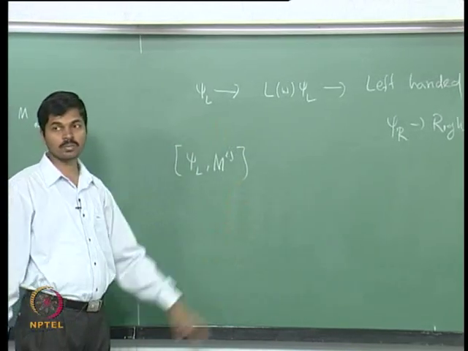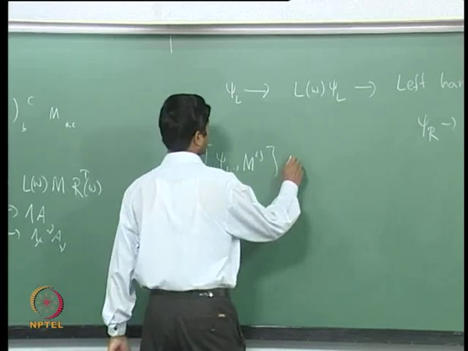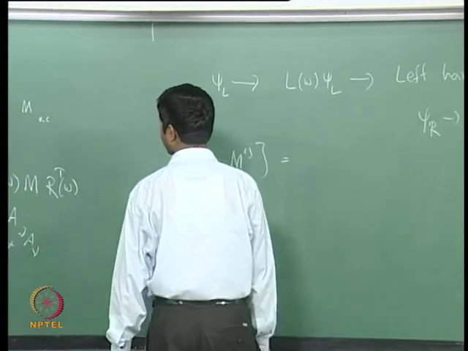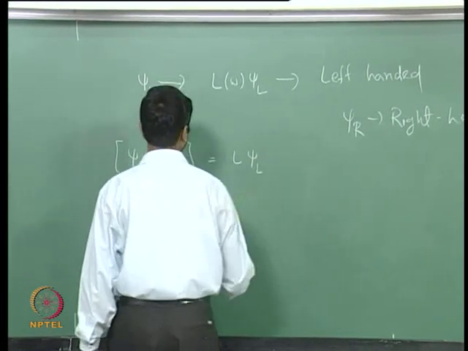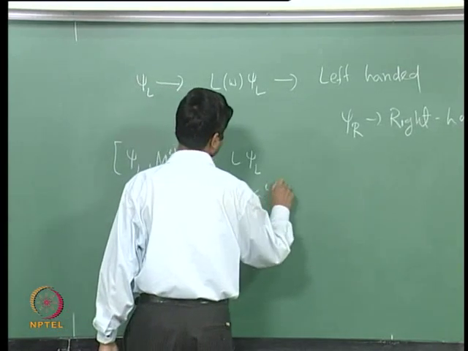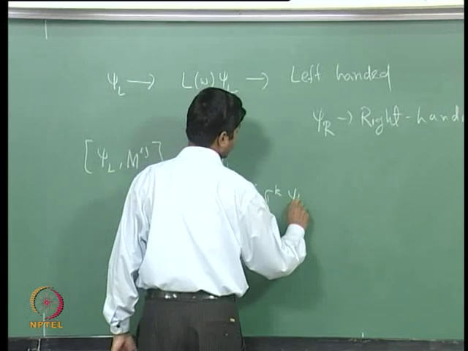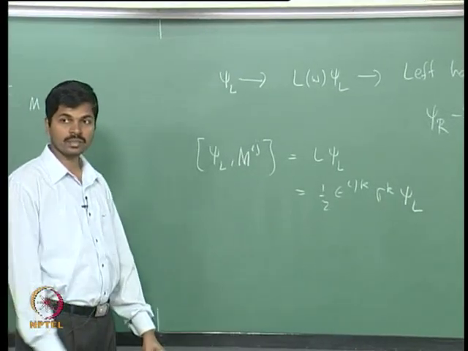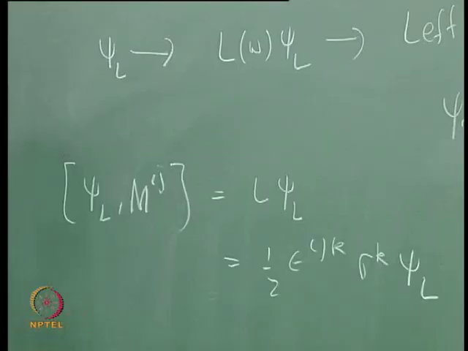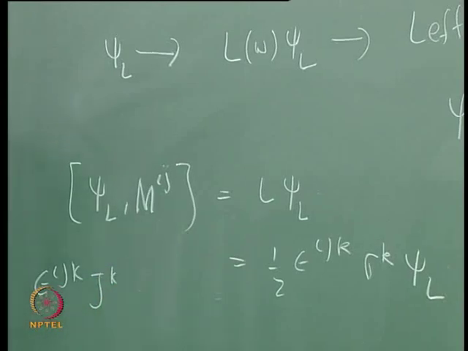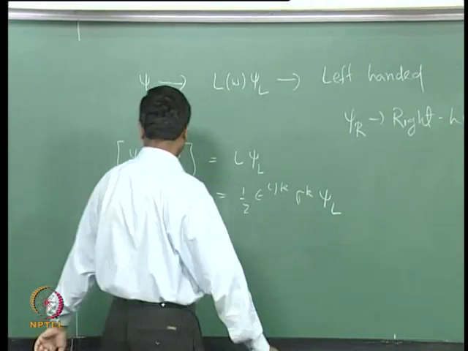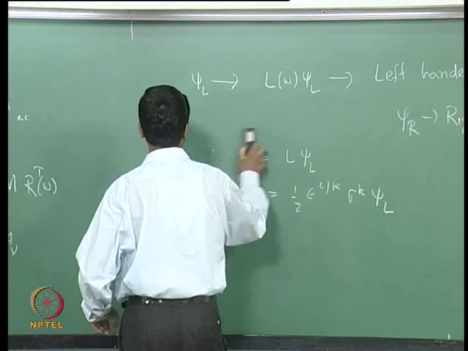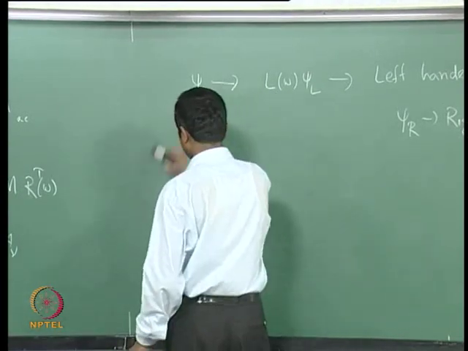If you just forget about the orbital part, then for an infinitesimal transformation, it is just L acting on psi L, which is half epsilon I j k sigma k acting on psi L, and this M I j is just epsilon I j k, all right. Therefore, this is just a spin half field. That is the reason I call them spinors.